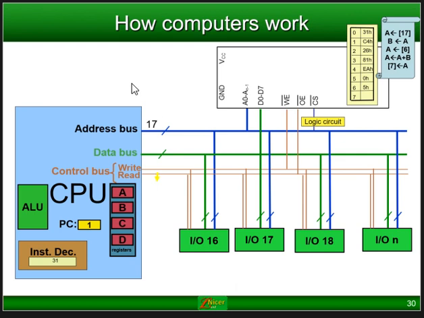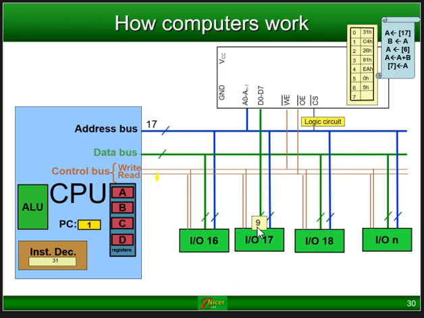But let's just step. You'll see on input number 17, there's 9 now. This is coming from the external world, or it could be another memory maybe. Doesn't really matter.